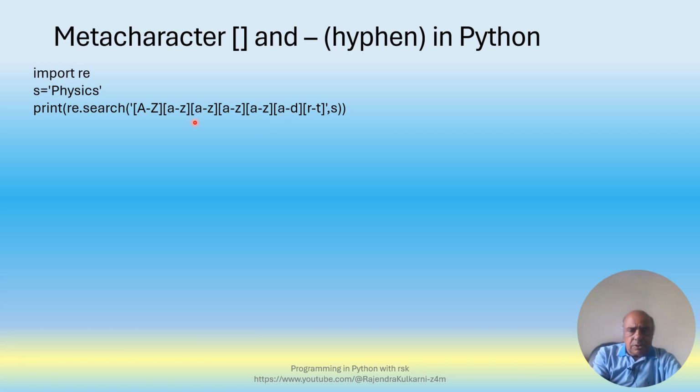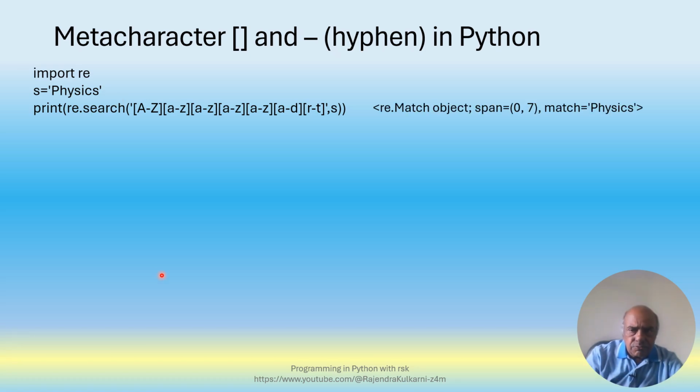So a hyphen d tells us that the character should be between a and d, and c matches with the search. Similarly, r hyphen t should give us any character between r and t, and s is one of it. So what we get is physics as the output when the program is run.